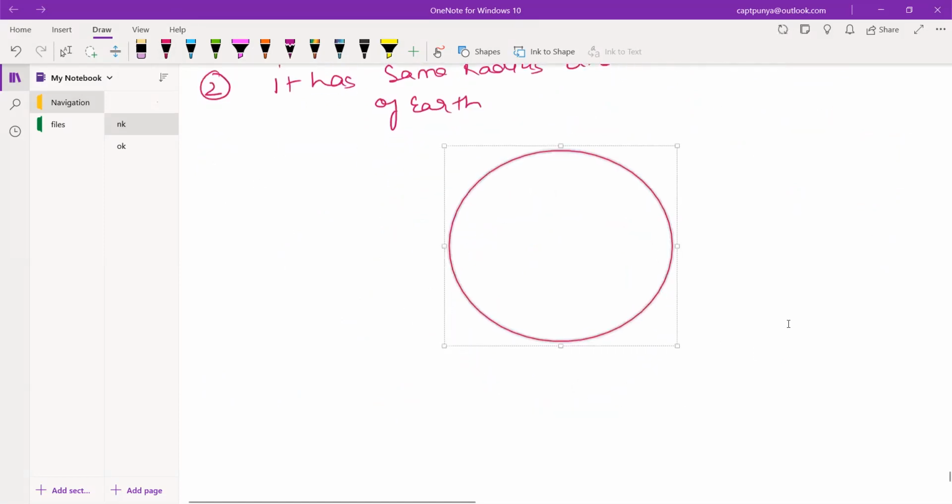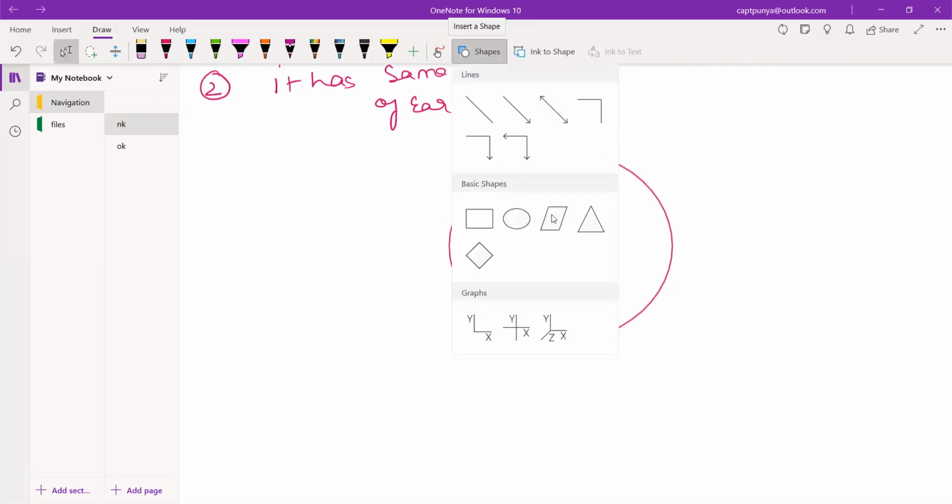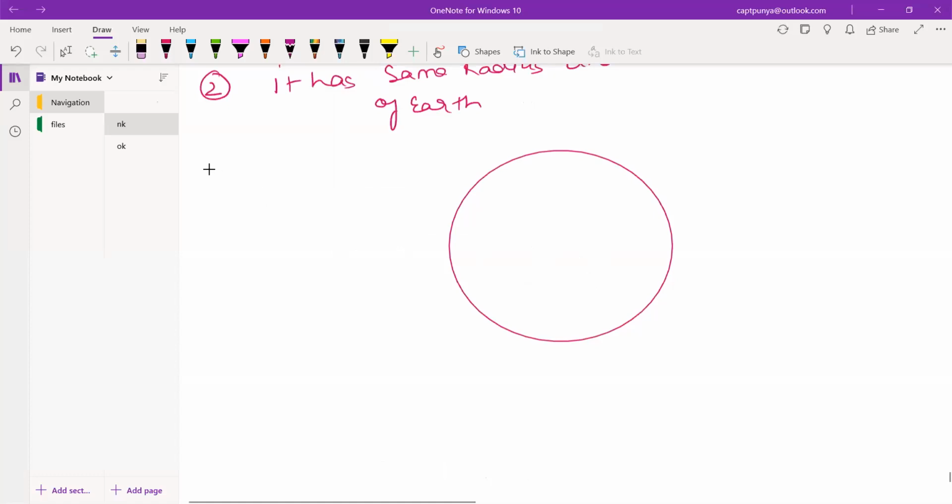We cannot draw all the possible ones, obviously, because there are an infinite number of them, but just to get an idea, let me just draw two. So these are the two earths for you.